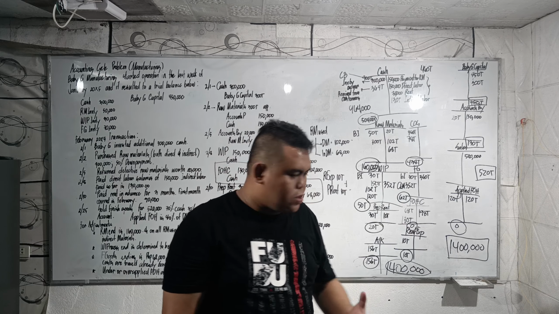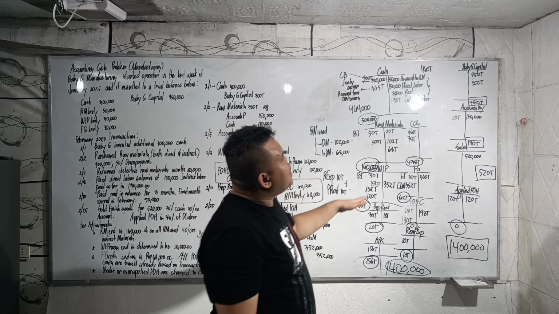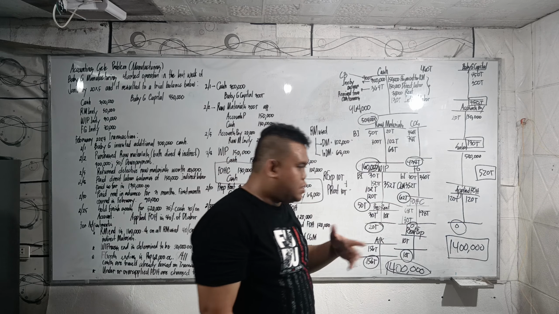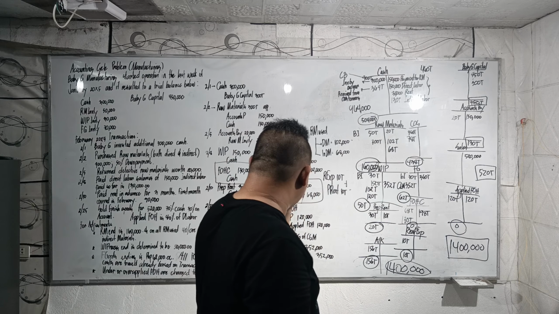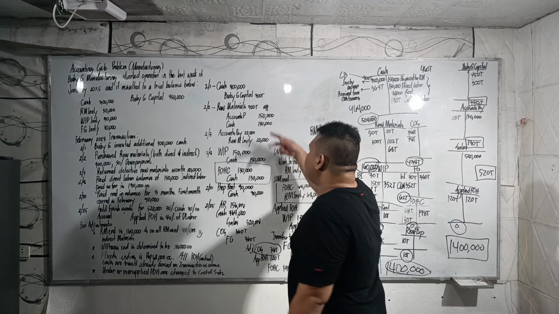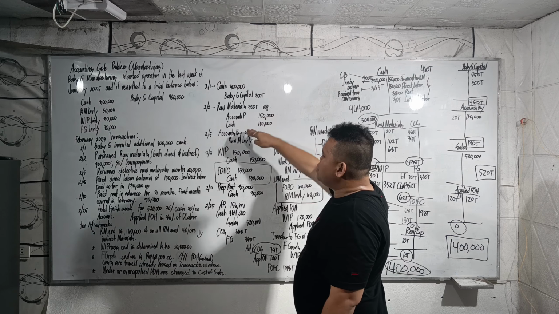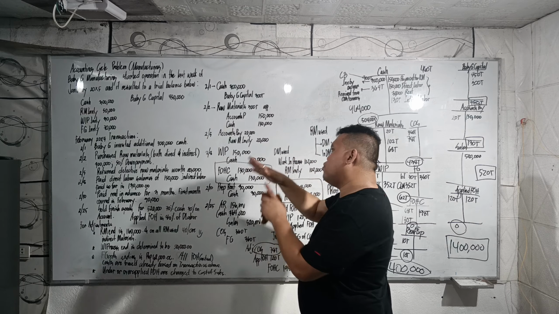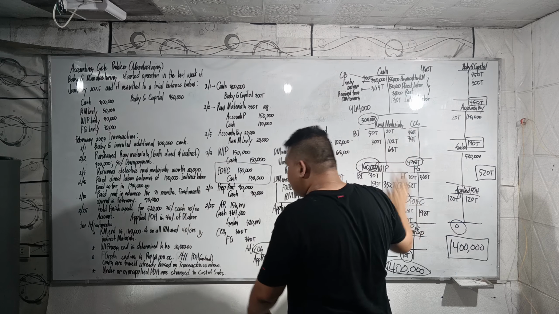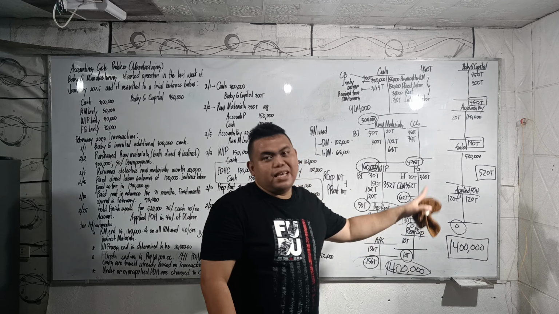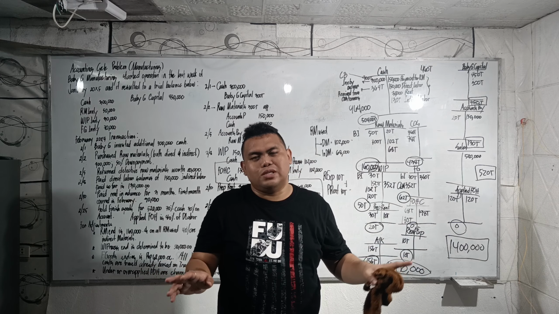Okay? And also remember that even if you balanced your T accounts, it doesn't mean it is already correct. It is because sometimes if you are wrong here in the journal, even though you have debited something or credited something but wrong accounts, that will not be detected in your T accounts balancing and the trial balance ultimately.